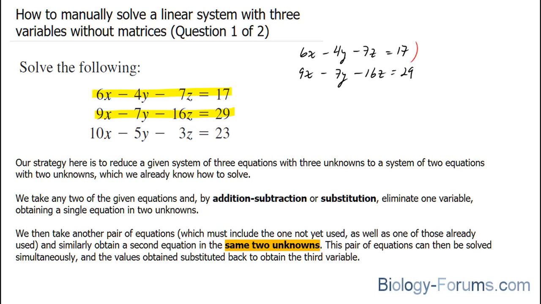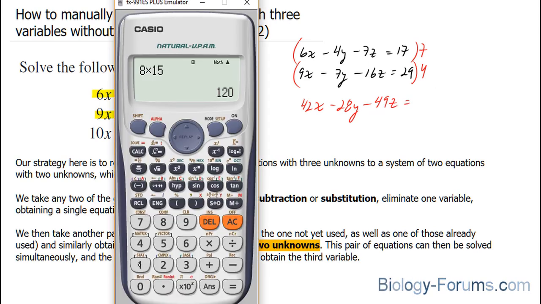So let's multiply this by 7 and this by 4. And we end up with the following. 6 times 7 is 42x. Negative 4 times 7 is equal to negative 28y. And negative 7 times 7 is equal to negative 49z. 17 times 7 is equal to 119.